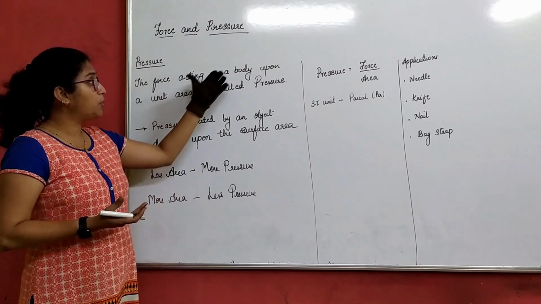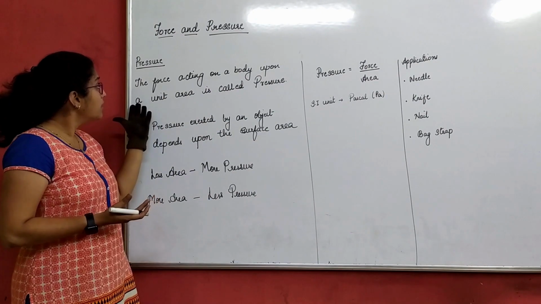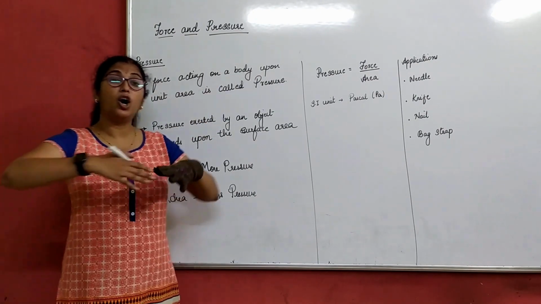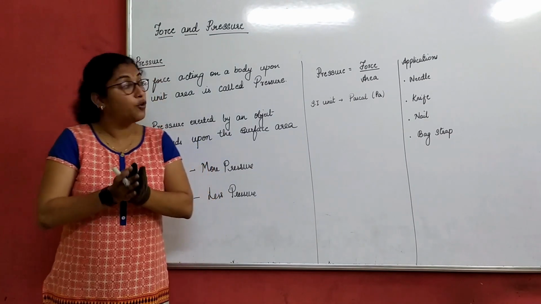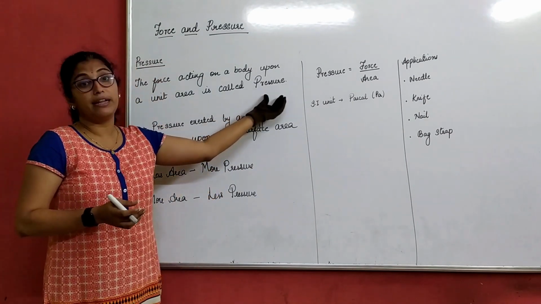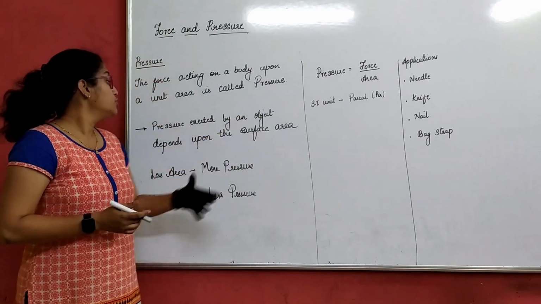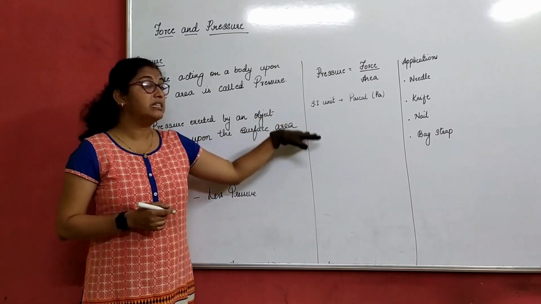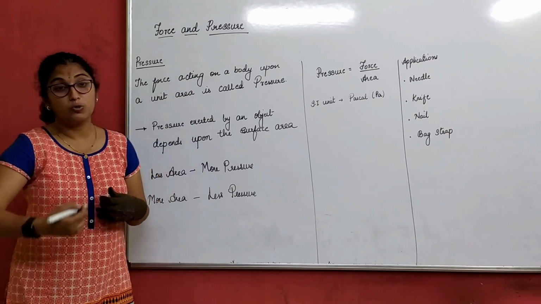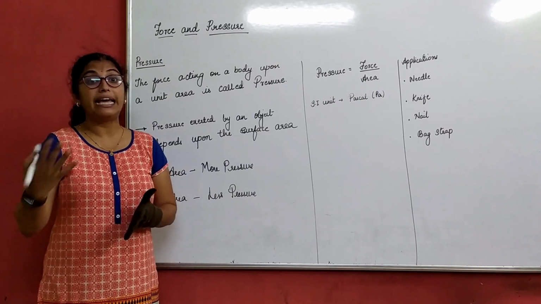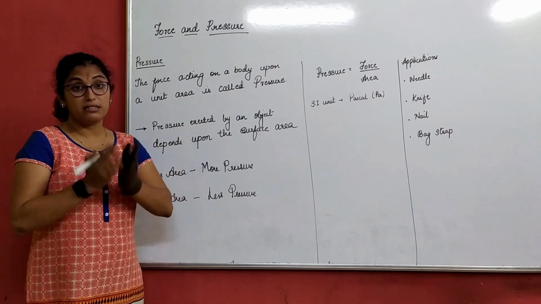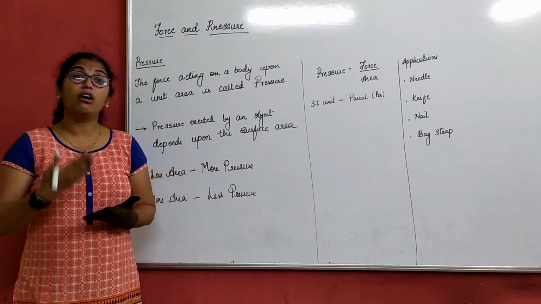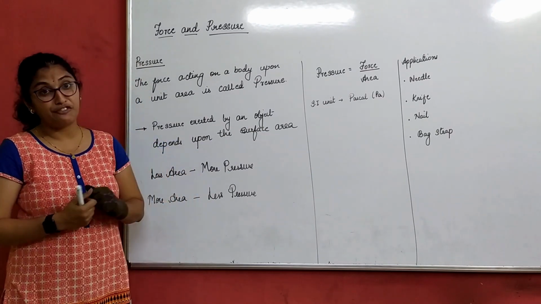Force acting upon a body, upon a unit area, on a particular area, that is called pressure, right? So pressure exerted by an object depends upon the surface area. That is what I told you, it depends on the area. Whether the pressure exerted is more or less, it always depends upon the surface area.